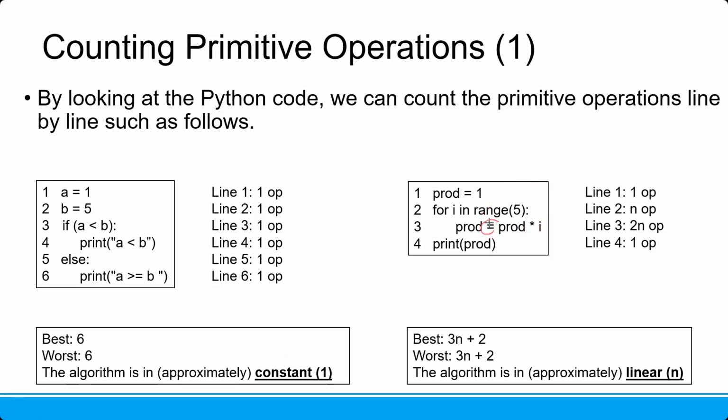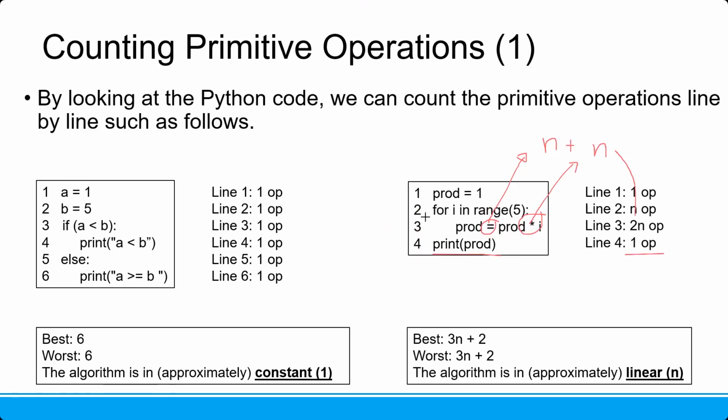So this operation will happen n times, and this operation also will happen n times. Then there will be n plus n, or we call it 2n. This one just prints, so it is only one operation.